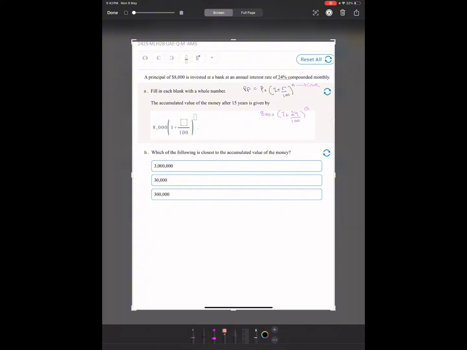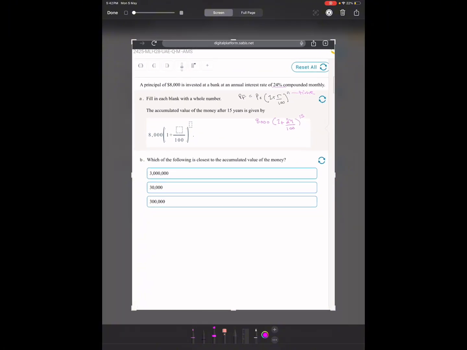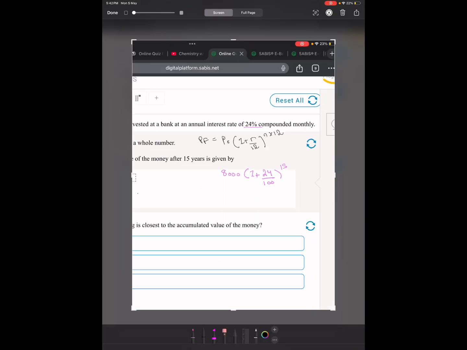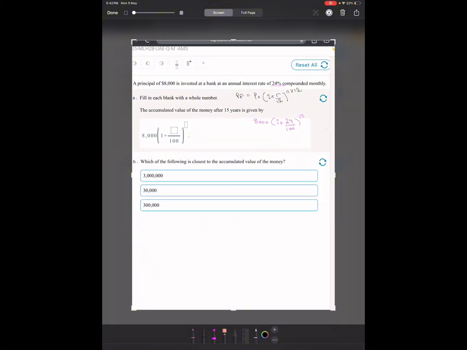But you have to be careful because this is not going to be the answer. They said here that it's monthly. Monthly means we're going to be using the same formula, except here you're going to multiply by 12, and here you're going to divide by 12. 15 times 12 is 180.